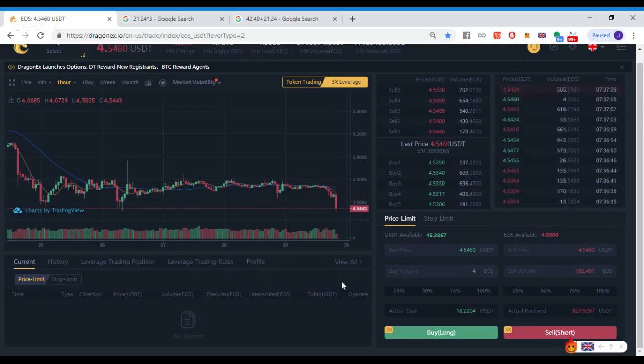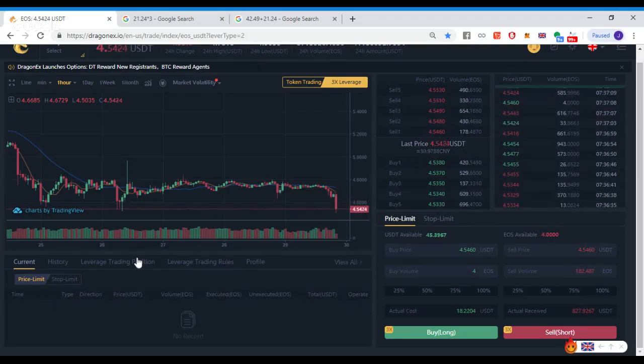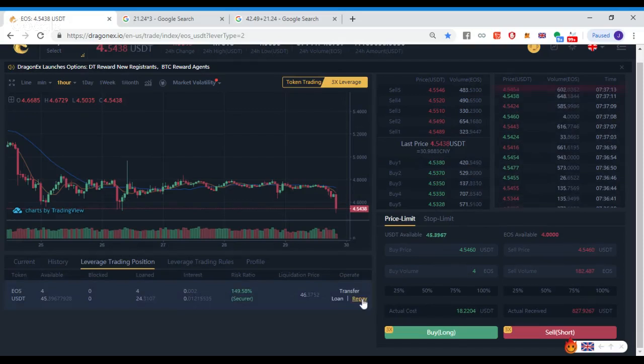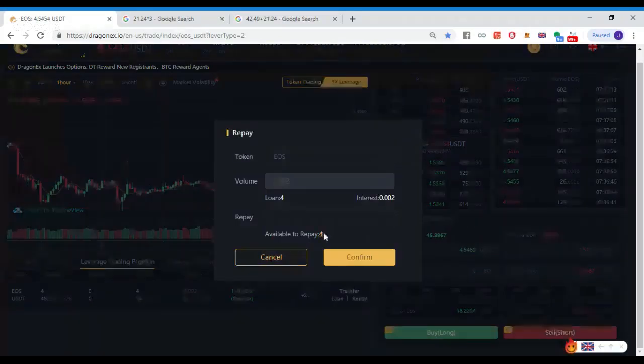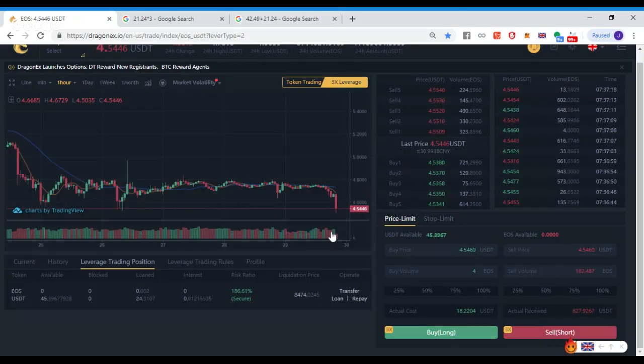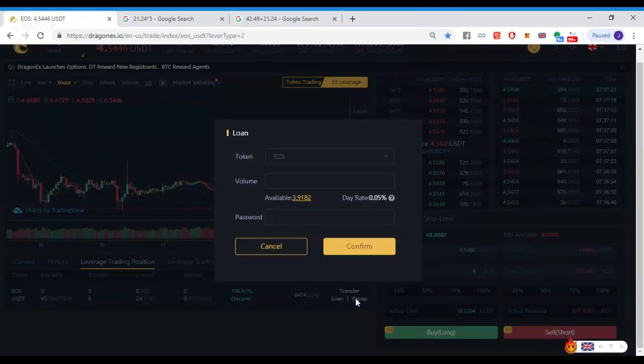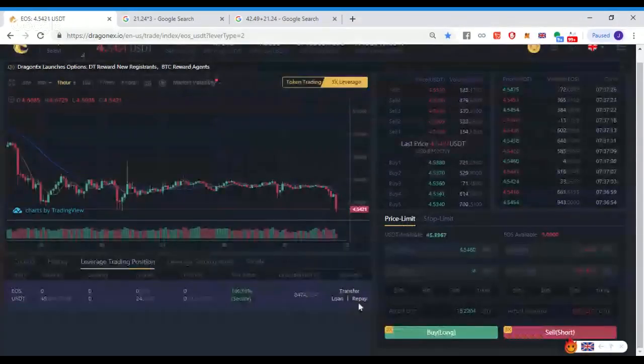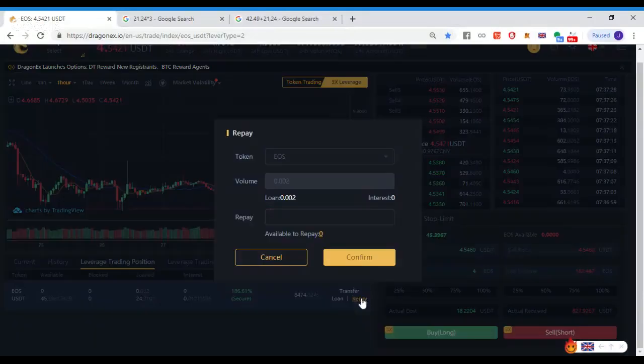We can see we have our 4 back. We'll go to leverage trading position, repay. So we want to repay our EOS. Confirmed. And we can loan those back. And we also want to repay our dollars.